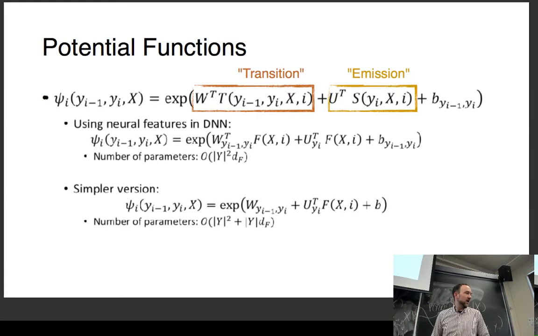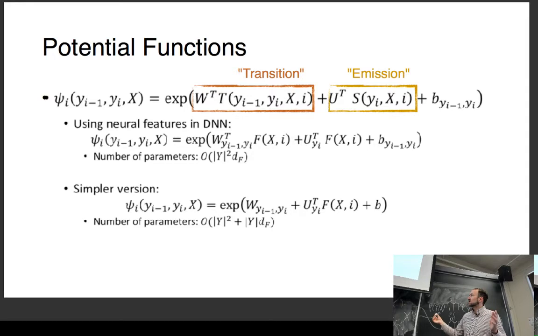So what's very common to do is to say, okay, this transition is not dependent on the context that we're in. So we just cross out this 512 and don't condition on this, and instead just have 10,000 transition parameters that say how likely are these tags to appear next to each other.